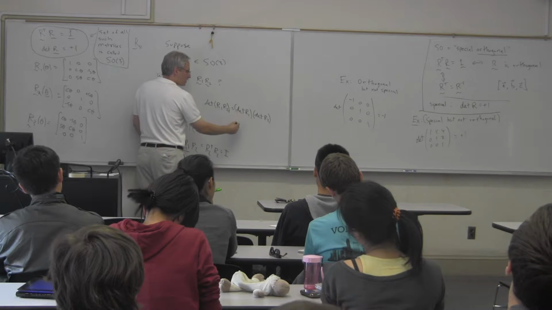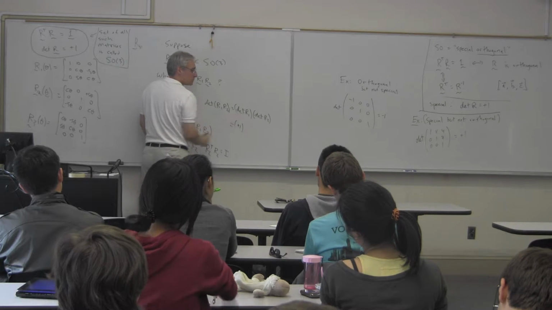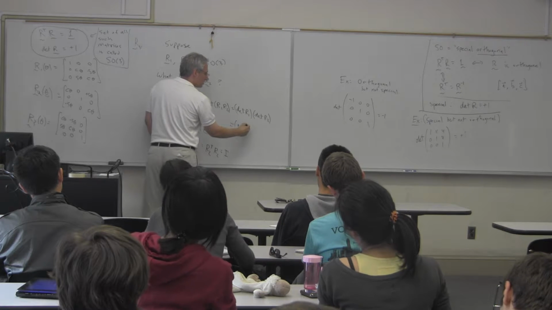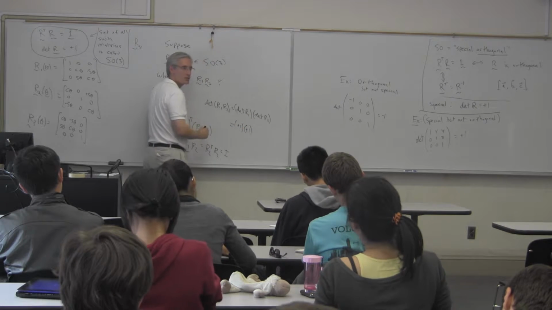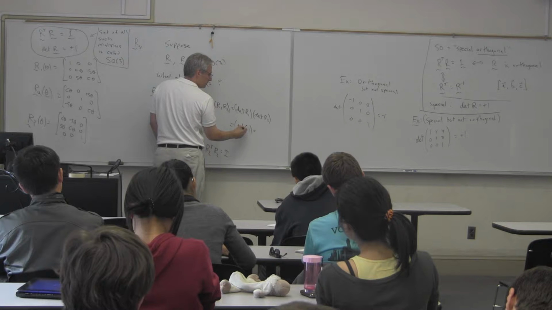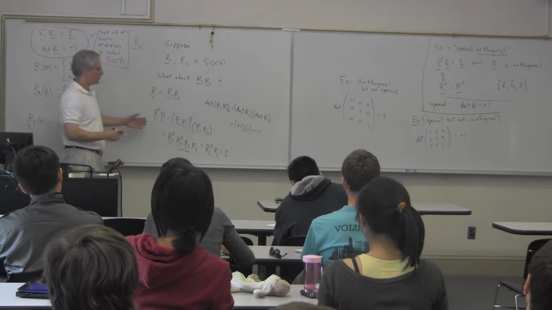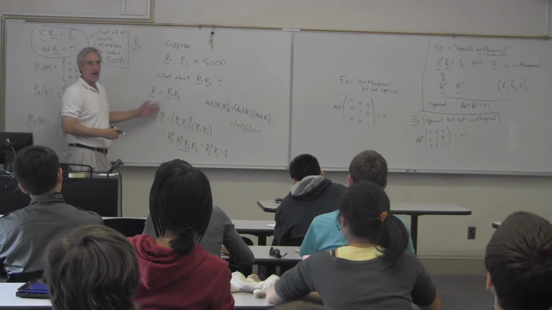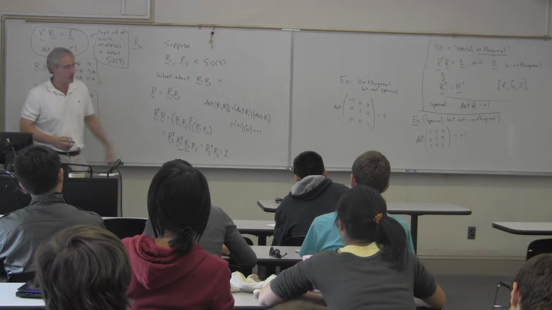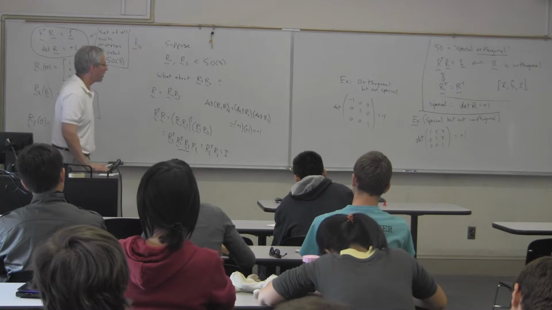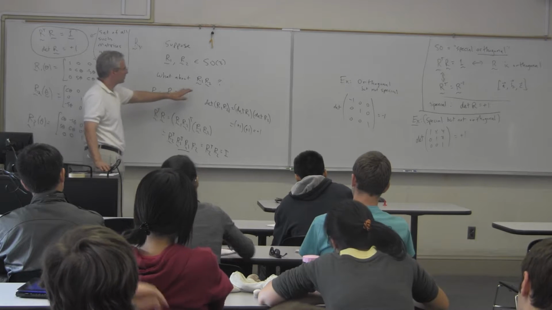Since R1 is a rotation, its determinant is equal to +1. Since R2 is a rotation, its determinant is +1. And if I multiply 1 times 1, I get 1. So in fact, both the orthogonality and the special property of the determinant being positive 1 hold for the product of two rotations.